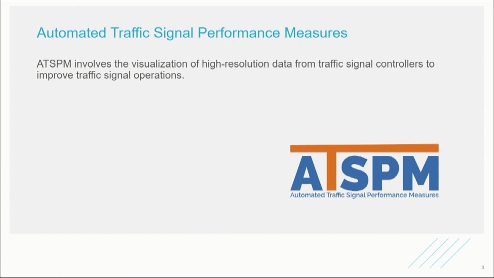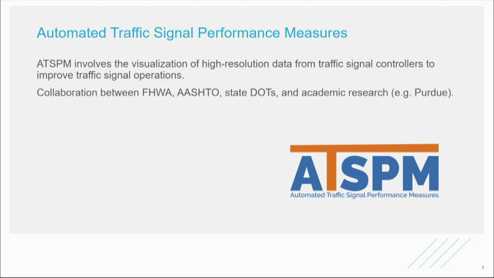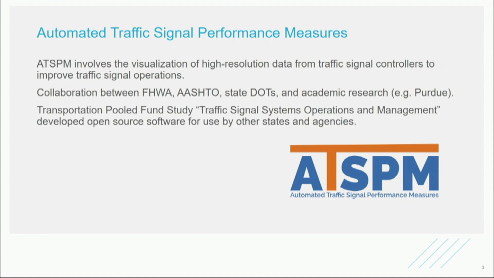This involves the visualization of high-resolution traffic data from the traffic signal controllers to improve operations. It was a collaboration between FHWA, AASHTO, state DOTs, and various academic institutions. I believe Purdue was where things got started. There was a transportation pooled fund study a few years ago that funded the development of open source software for use by other states and agencies, and we're going to see some examples from that software.